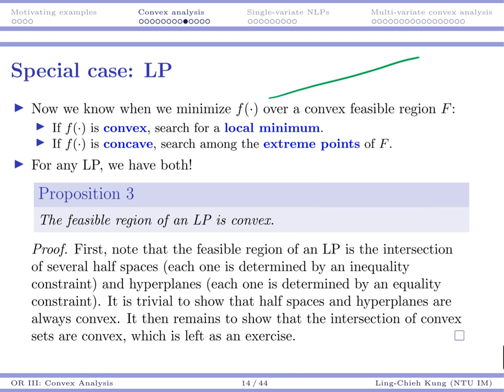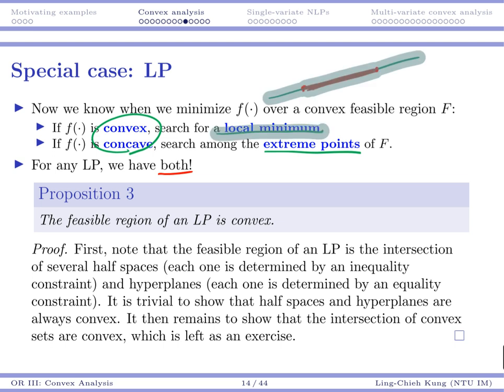If you have a linear function, then for any two points that you connect, that particular line segment is above that function and below that function at the same time. So that's why we say we have both. If we have both conditions, then for a linear program, a local min is a global min, and we only need to focus on the extreme points.